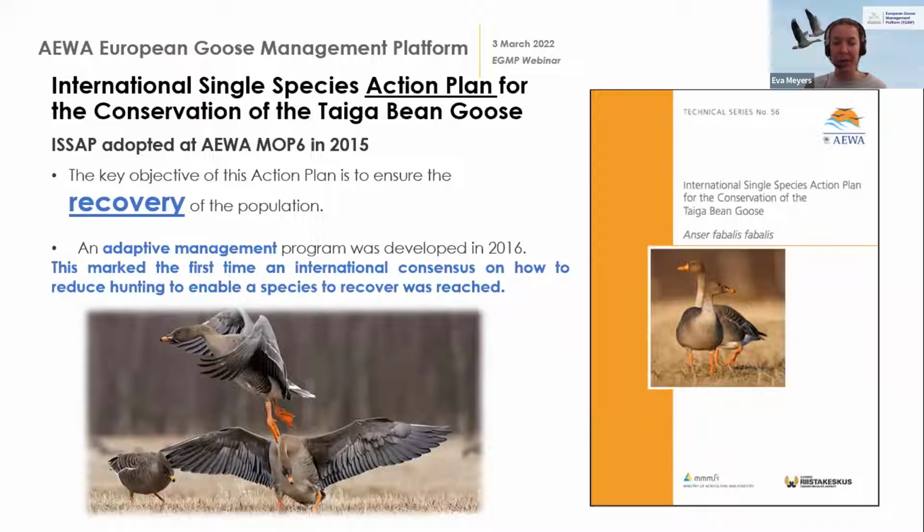One of the biggest successes so far was that an international consensus had been reached between the various range states on how to reduce hunting to enable the species to recover. It's a task force that has actively been pushing and monitoring and supporting this process and this great collaboration between the range states to enable the recovery of the taiga bean goose population.